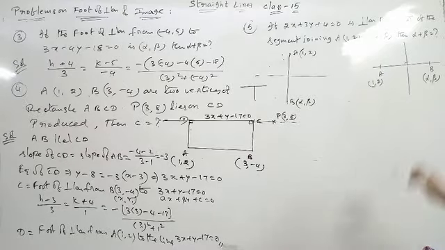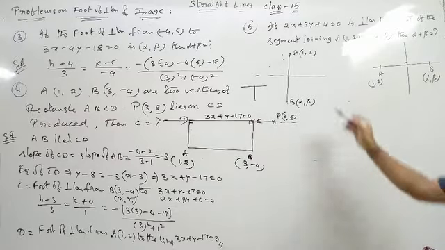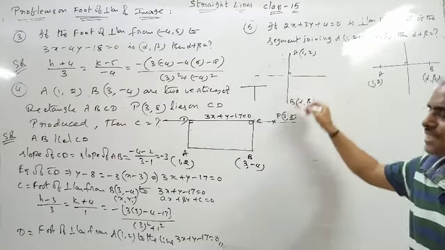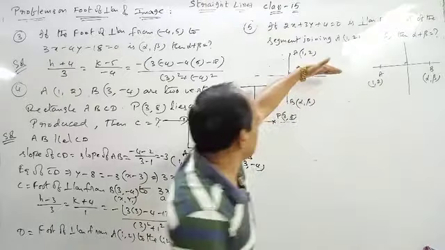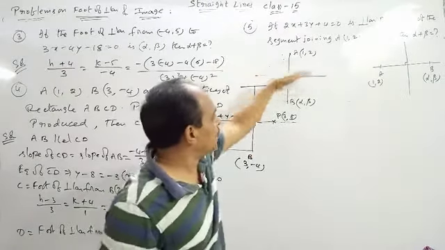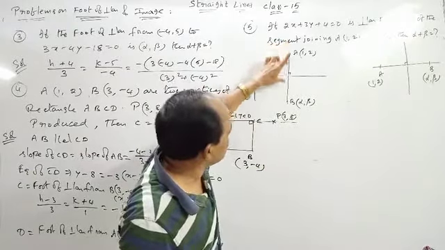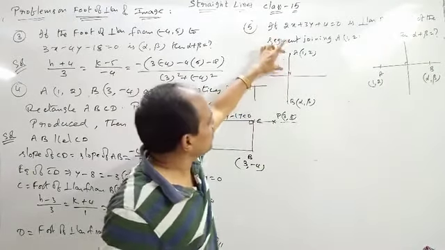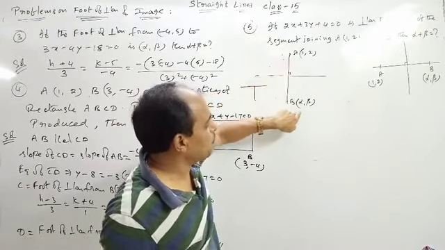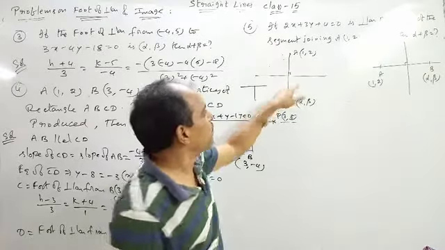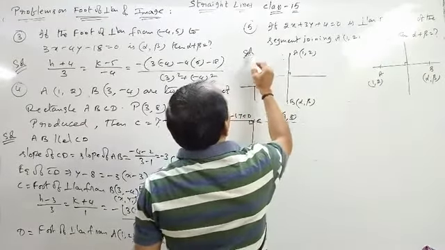Then find the value of B (alpha, beta). This is perpendicular bisector. Bisect means this divides the line. This line divides the AB bar into two equal parts. That means this length is equal to this length. If these two lengths are equal, then B is called the image of A with respect to this line. Okay?